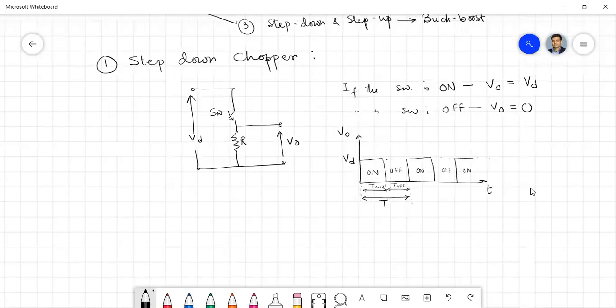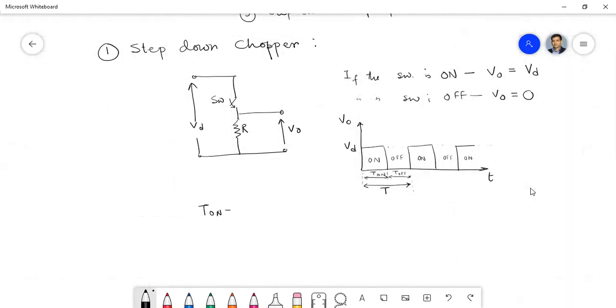So t on is the on time, t off is the off time, and T is the time period. By the switch we are getting a pulsating DC like this. But what do you mean by DC?